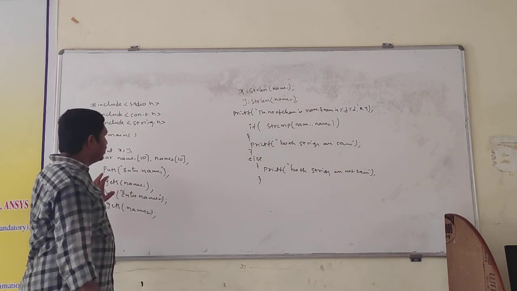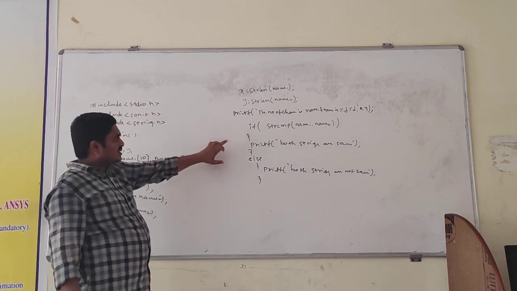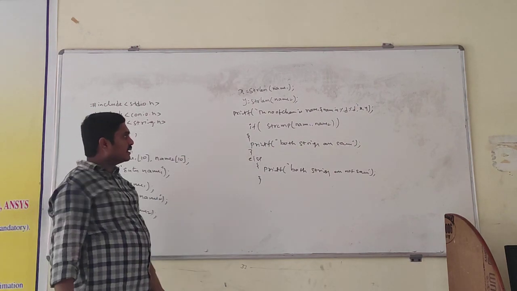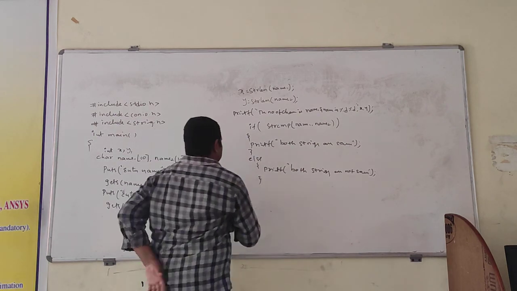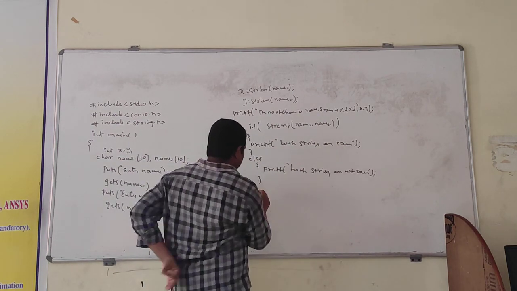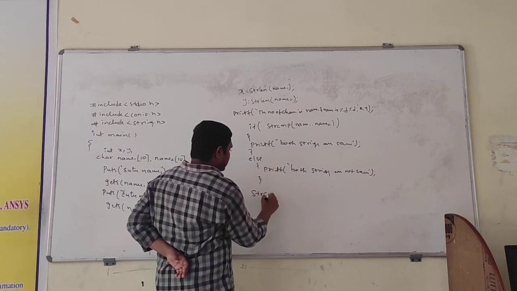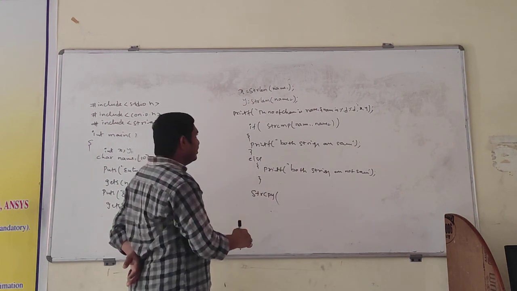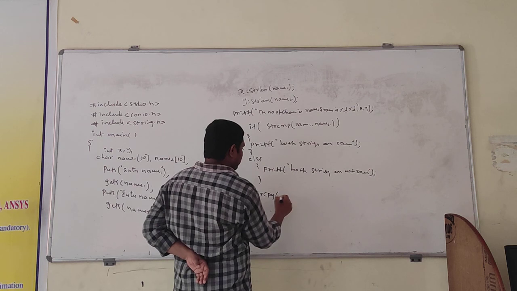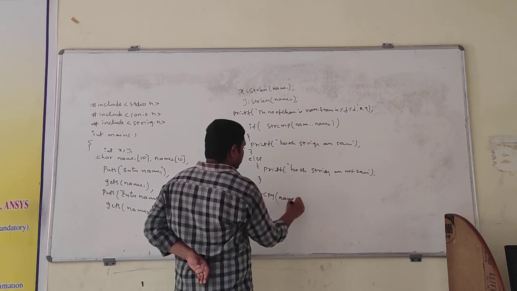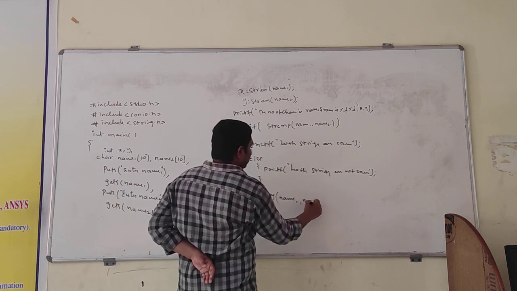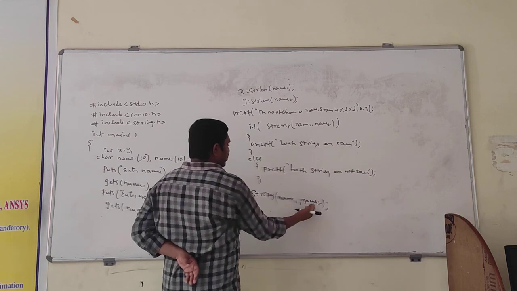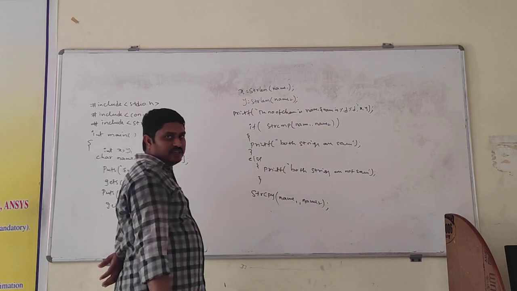Next, string length is over, string comparison is over. String copy. strcpy, string copy. The second string is copied into the first string. So strcpy(name1, name2). The name2 is copied into the name1.